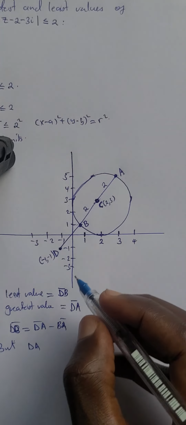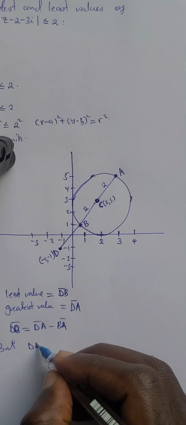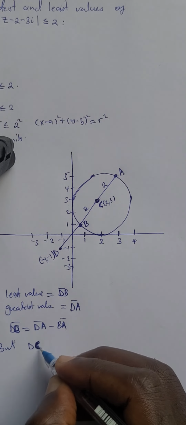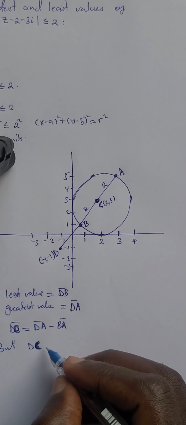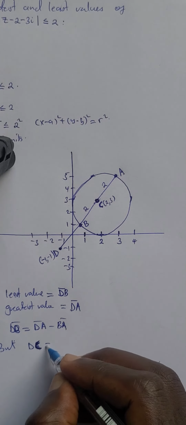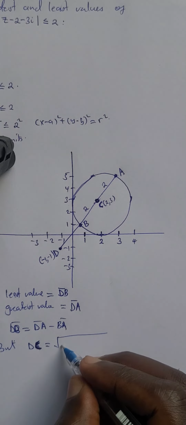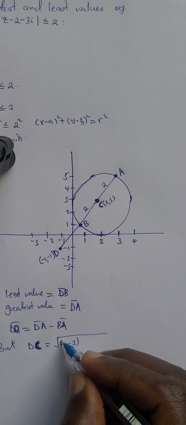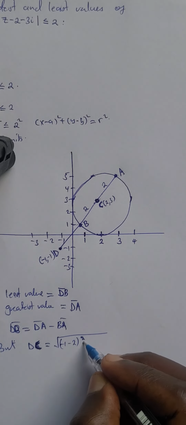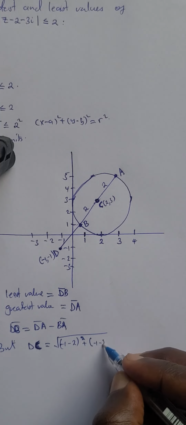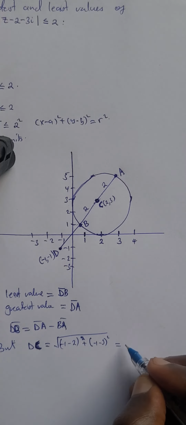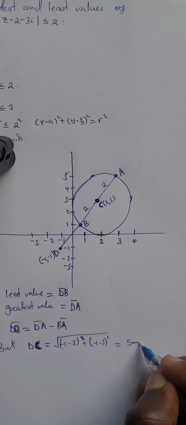So now my DC, my distance DC, will be equal to, I get now, squared, and this one will give us 5 units.